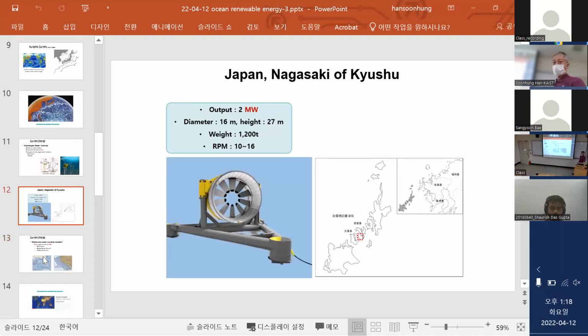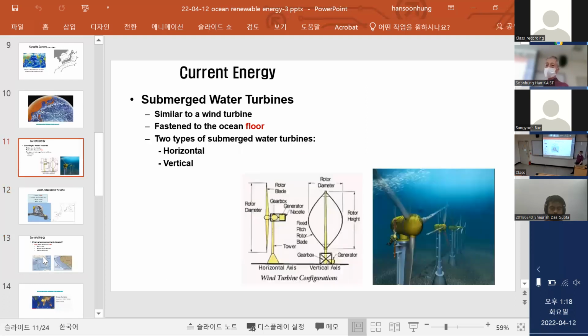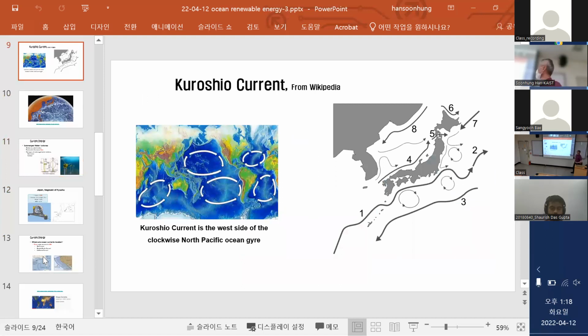I missed one thing to explain this. You may see from a previous chart that the place is about here, the Kyushu island. So they are trying to capture the energy coming from the Kuroshio current.